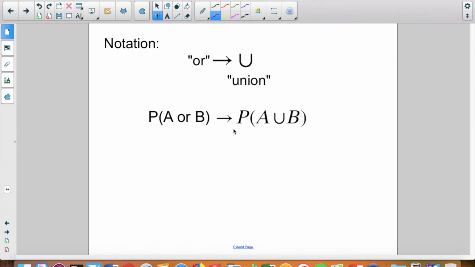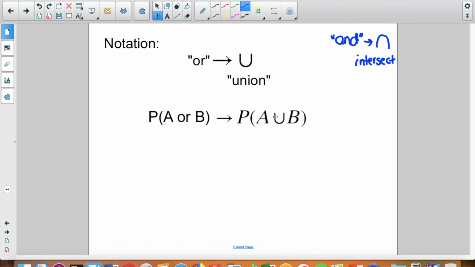So kind of going through notation, just want to remind you that when we used and, the notation for that was an upside down U, which I said kind of looks like the N in between, and that represented the intersect. Okay? When we're looking at or, we have a U, which represents the union.